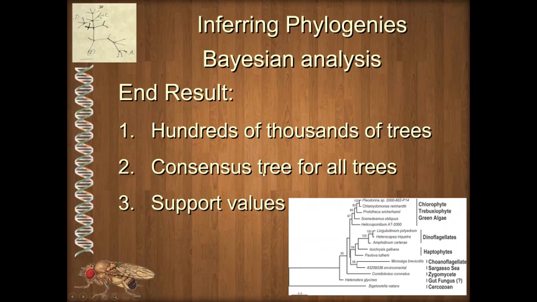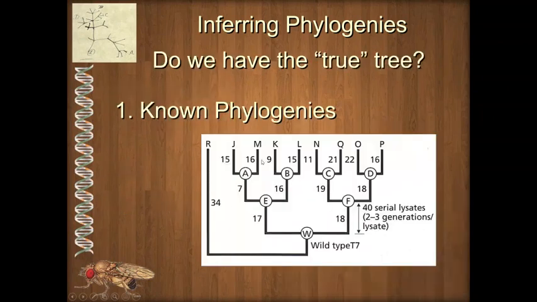We then make a consensus tree for all of these trees that we've found. So basically we compare all of the trees, we look at what relationships they have in common and what relationships are different, and we put numbers on those. And these numbers become our support value.